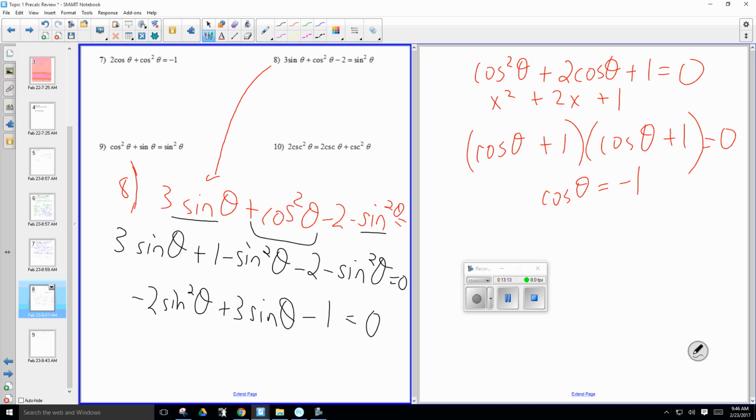Now before you factor this, I would change all the signs. I'm going to change this to plus, minus. I don't like to factor with negative. That factors into what, 2 sine minus 1, sine minus 1.